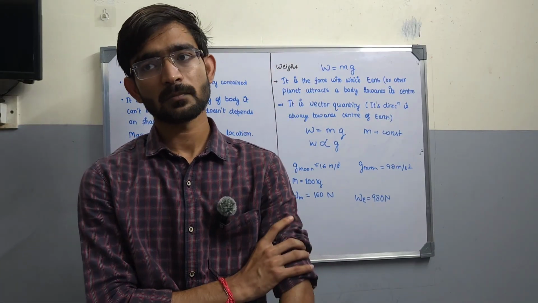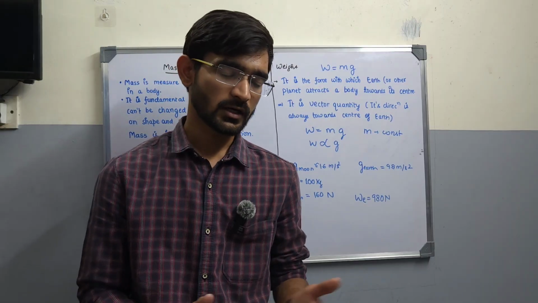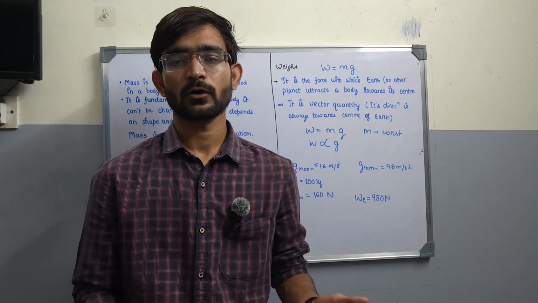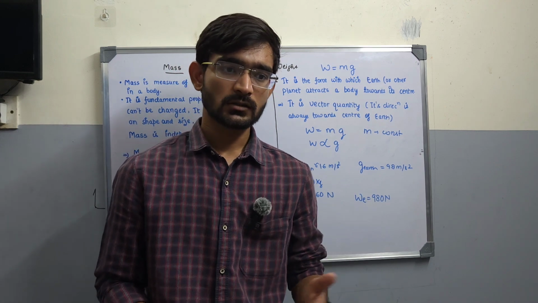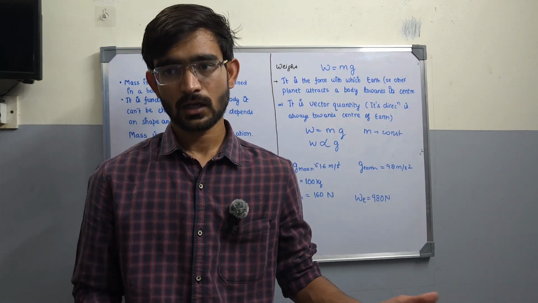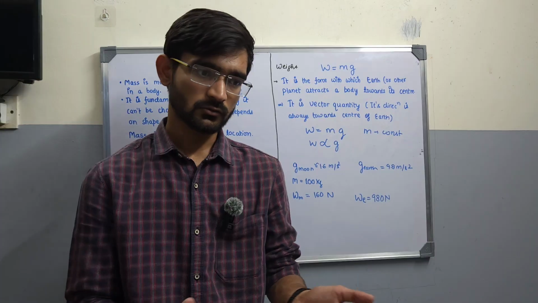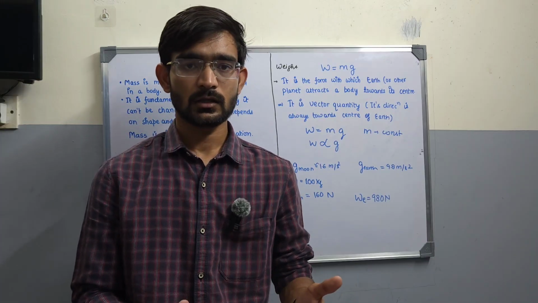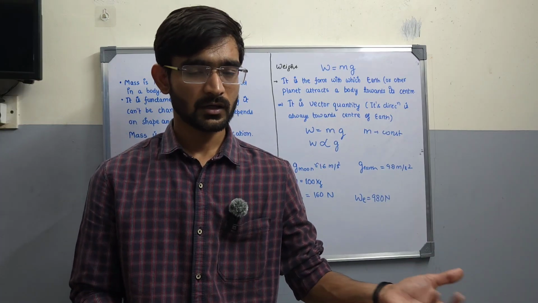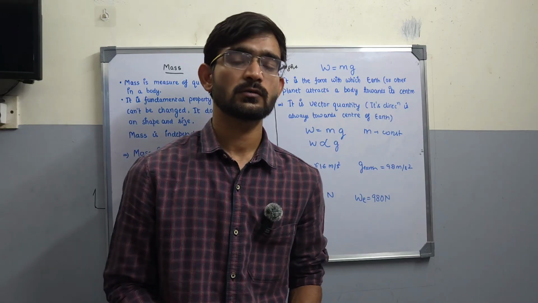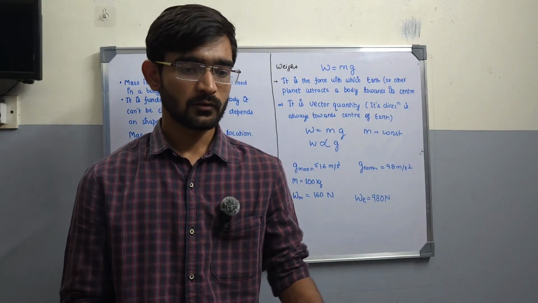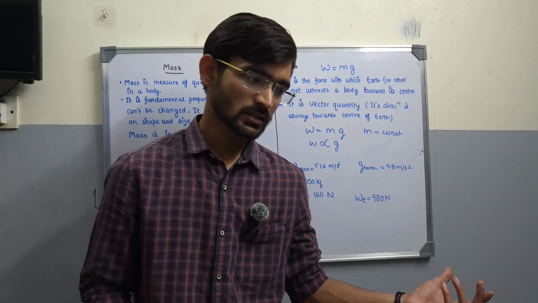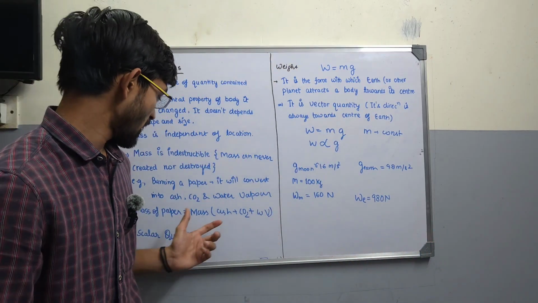Suppose you burn a paper, it will convert into ashes, water vapor and carbon dioxide. If you measure the mass of the paper before burning and after burning, the mass of the ashes plus the carbon dioxide and water vapor produced during burning comes out equal to the mass of the paper.